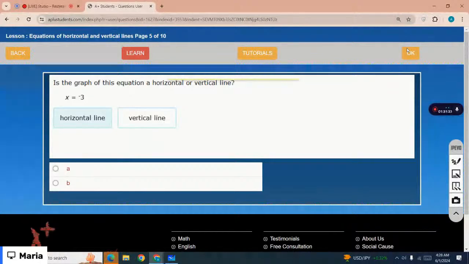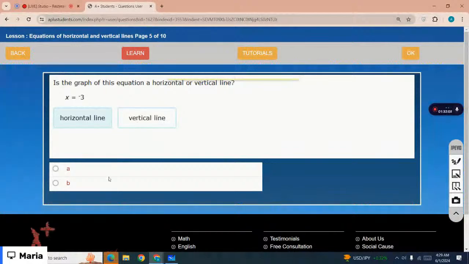Is the graph of the equation a horizontal or vertical line? X equals -3, which is the correct option? X equals -3.